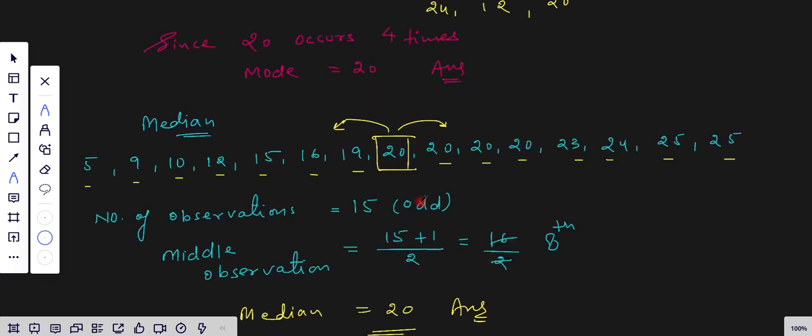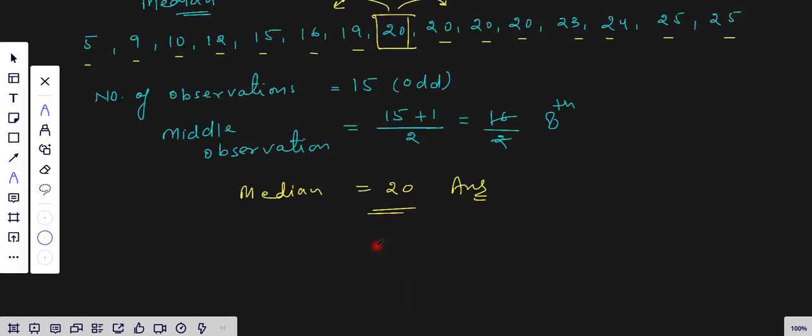Here you can observe that the mode is also equal to 20 and the median is also equal to 20. So you can say yes, mode and median are same.